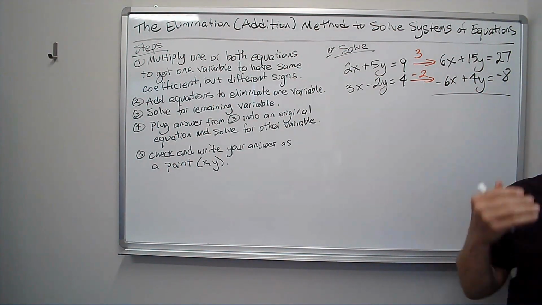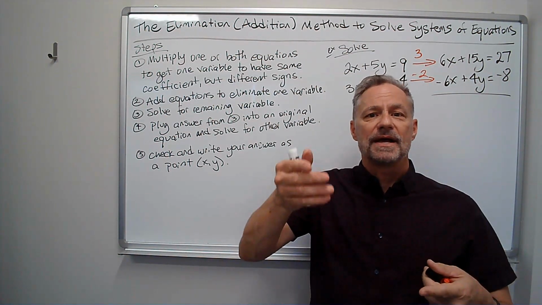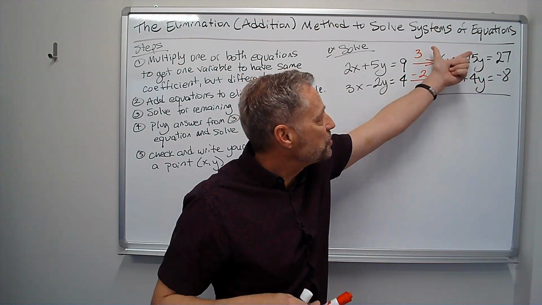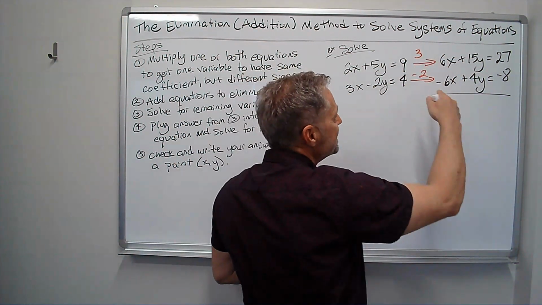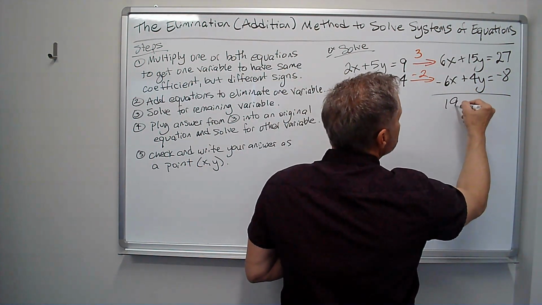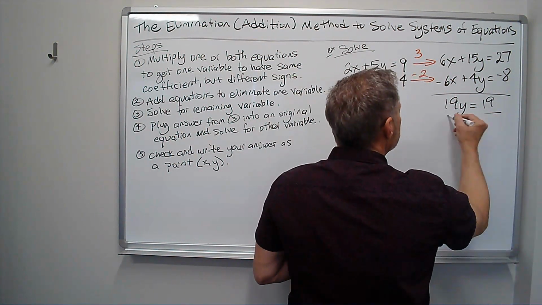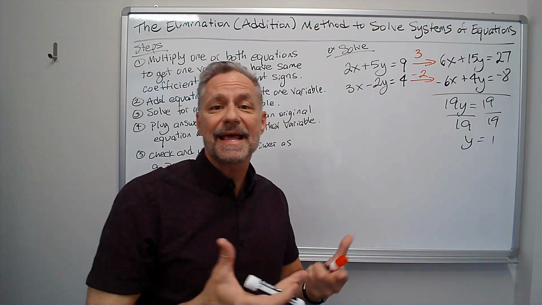And at this point, this is what I was looking for. I can add down, and the x's are going to cancel out. So I add down, the x's are gone, I get 19y equals 19. Divide by 19, y equals 1, and I have one of my answers.